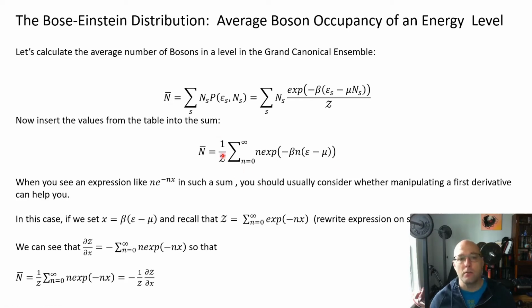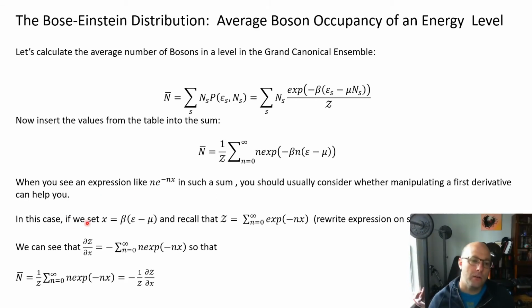There's no general rule, no sequence of steps you always have to do. But the basic idea is you should be aware that this kind of expression can be dealt with in a certain way and that sometimes it helps you. That's just one of the tools in your toolbox going forward that you'll be able to apply, even if it's not thermal physics.